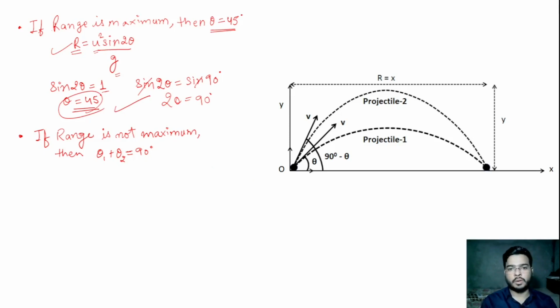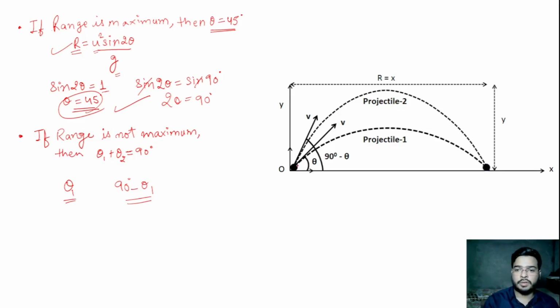Okay, now for example if the range is not maximum, then what will the other angles be? If the range is not maximum, then there may be two angles, theta 1 and 90 degree minus theta 1, two angles that can exist for the same range. What is the meaning here?